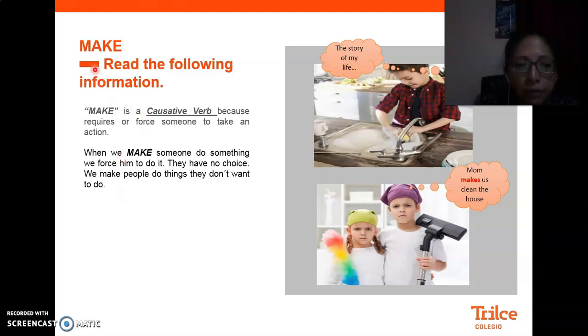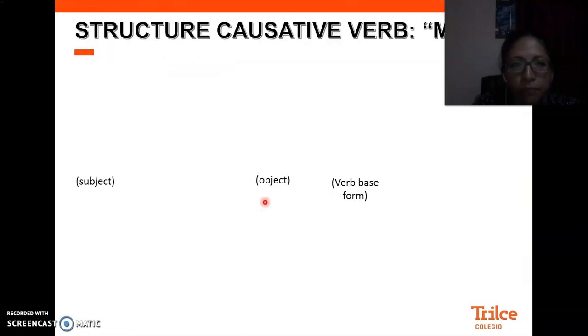So remember, when we use make, it means that someone forces somebody else to do something he or she usually doesn't like to do. The structure of the causative verb with make.